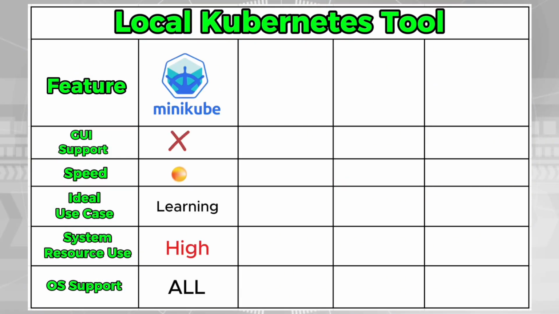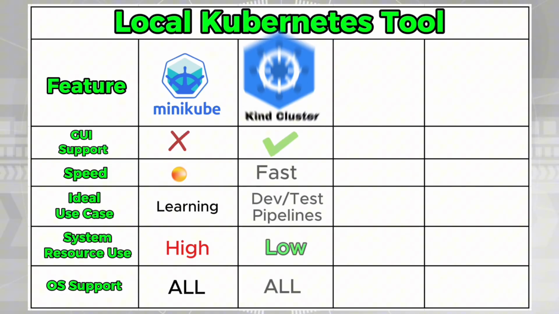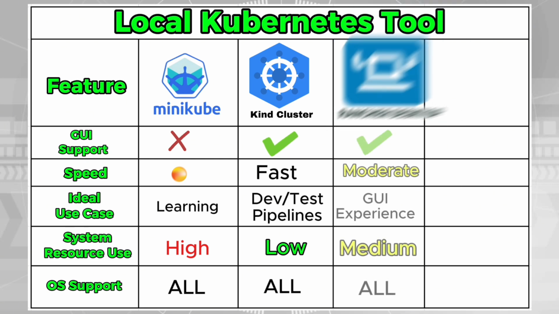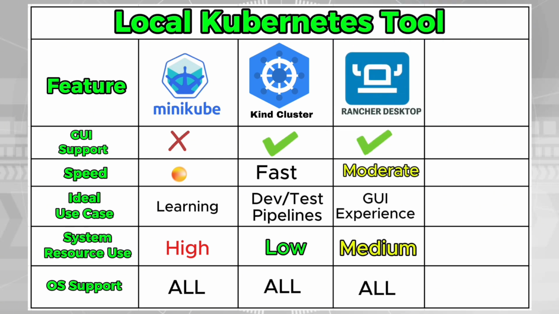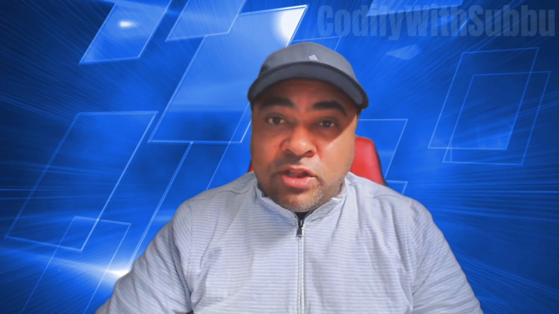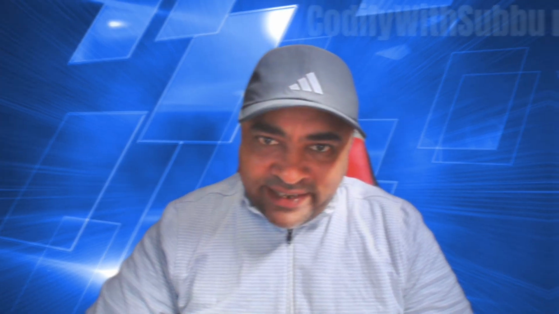Minikube if you want the full features. Kind for lightweight and Docker native setups. Rancher for visual learners and K3D for speed demons. In this video, we are going with Kind because it's fast, flexible, and perfect for most dev environments.